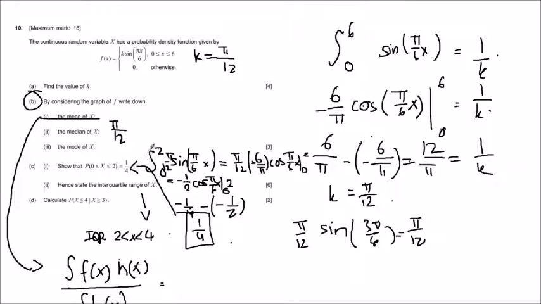And then the mode of x, actually, the mode of x is pi over 12. Wait, I don't know what I'm doing.